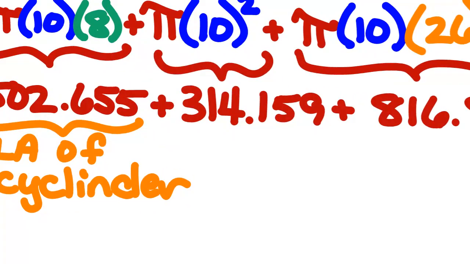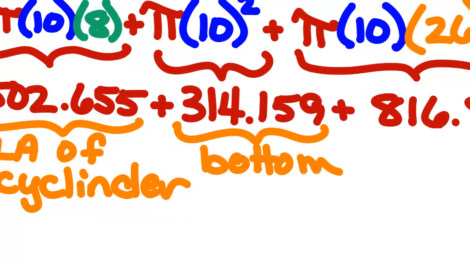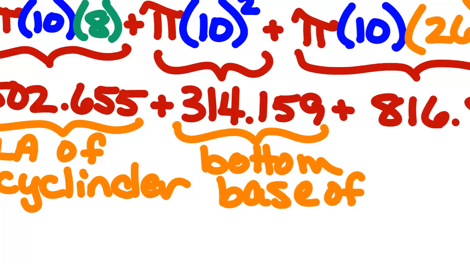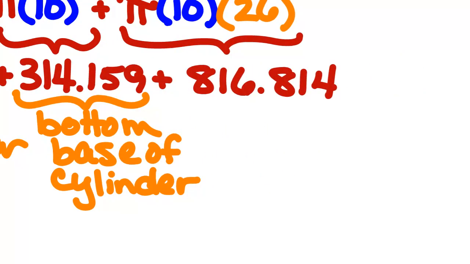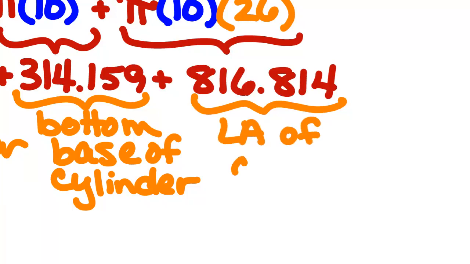This is one base of the cylinder. My bottom base. And this last piece is the lateral area of the cone. So now we're going to add those three numbers together to get our total surface area.